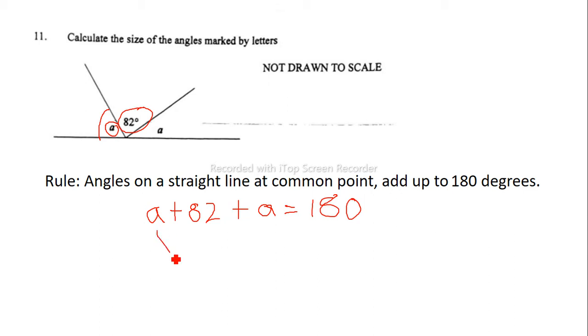So this A and this A come together, and it's A plus A plus 82 degrees equal to 180 degrees. Are we good?